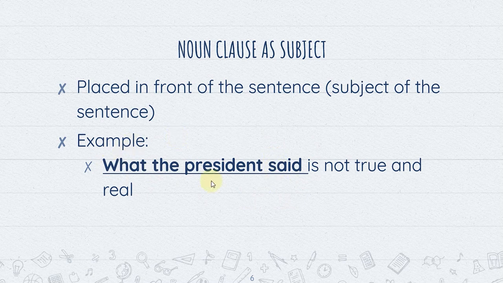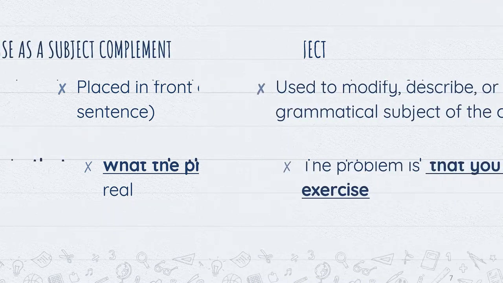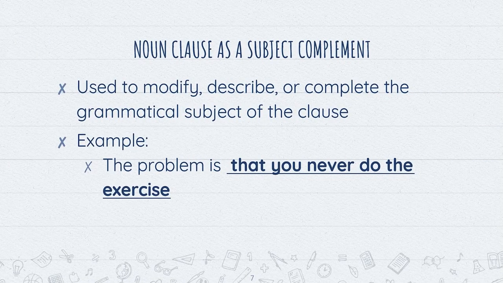This whole noun clause is actually the subject of the sentence, followed by a predicator is, and then the adjective, not true and real.